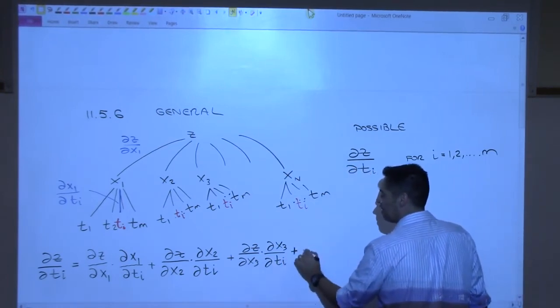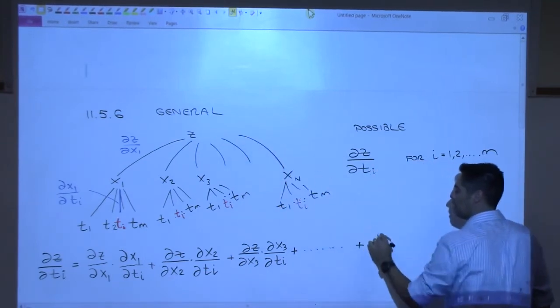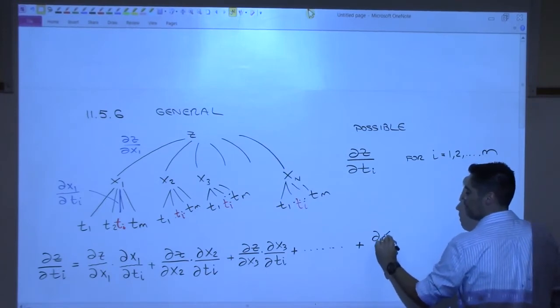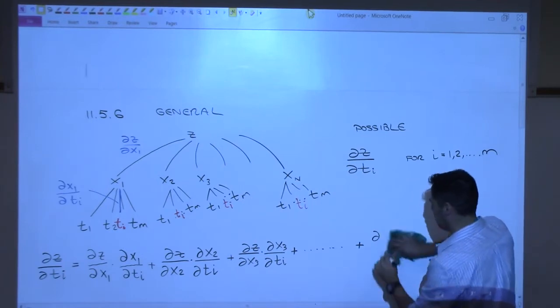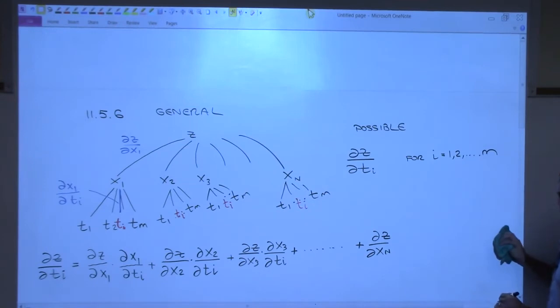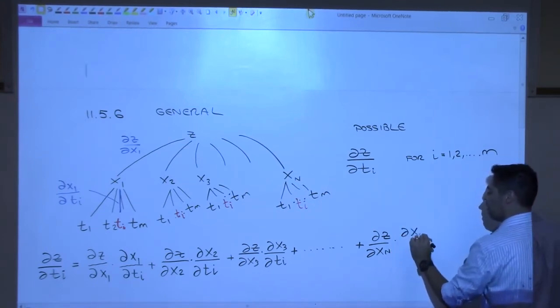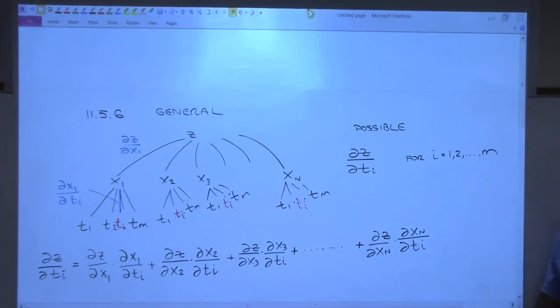Plus, I keep doing this until I get to the very last one, which would be the partial of z over partial x sub n times partial x sub n over partial t sub i. That would be it. Is this good?